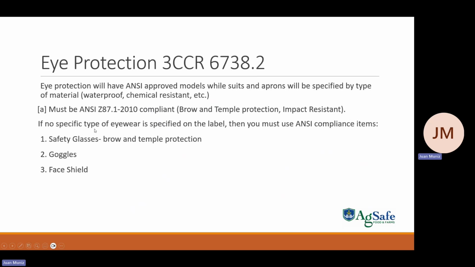And if no specific type of eyewear is specified on the label, then you must use ANSI compliant items such as safety glasses, brow and temple protection, and impact resistant, and goggles or face shield, or a combination of those that are ANSI approved.